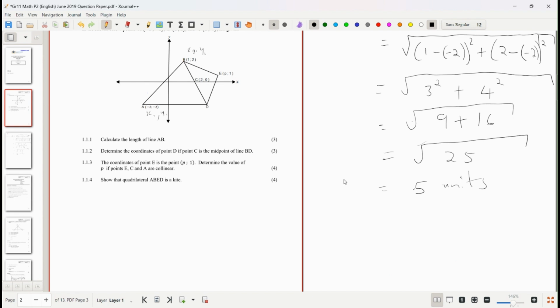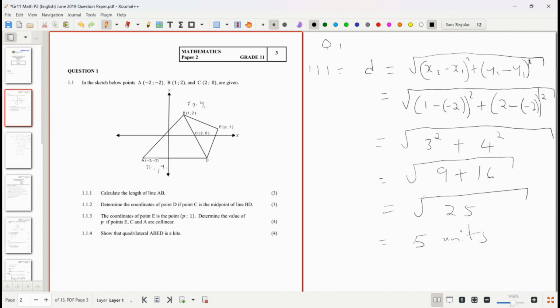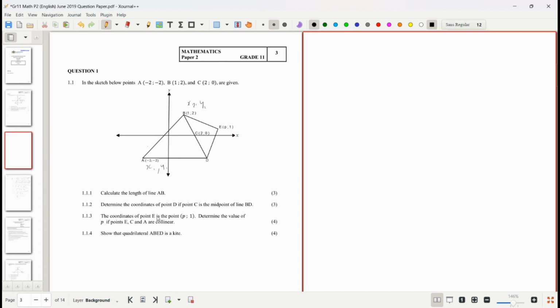Okay, moving forward to 1.1.2. They ask you to determine the coordinates of point D, if point C is the midpoint of BD.